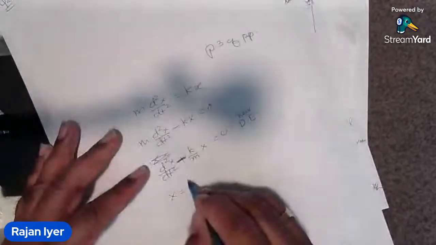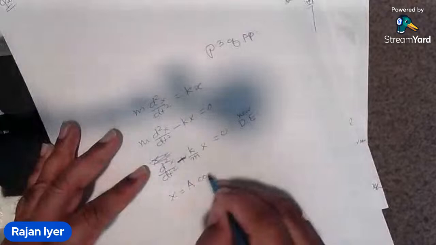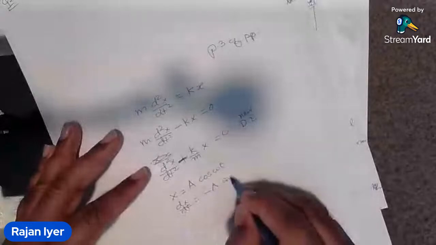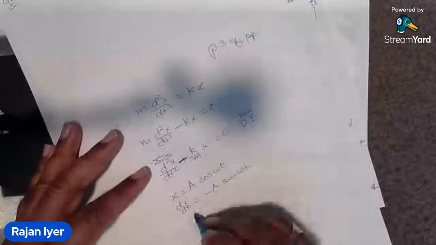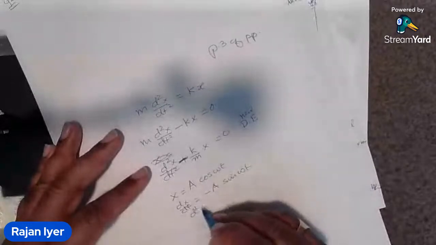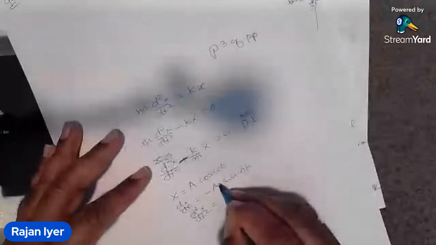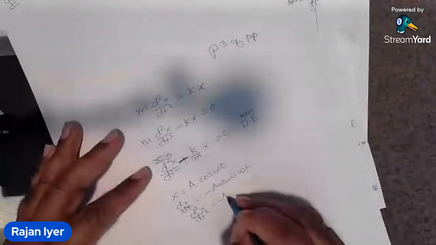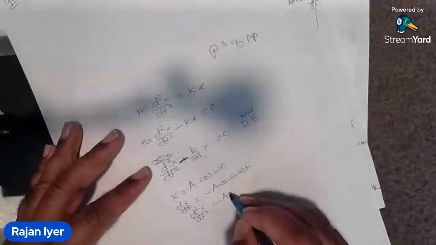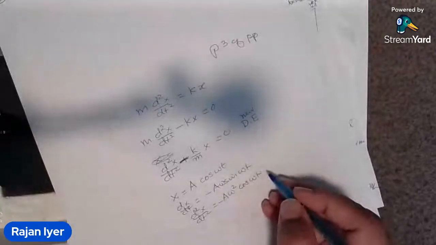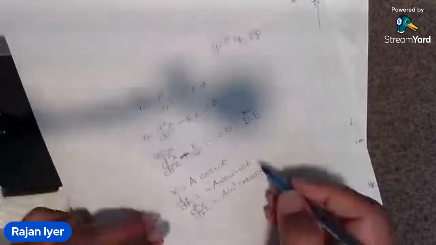Suppose I put x equals a cos of omega t. dx by dt is minus a sine omega t. d square x by dt square equal to minus, I'm sorry, minus a omega square cos omega t. See, it becomes minus, so I have to get a plus.